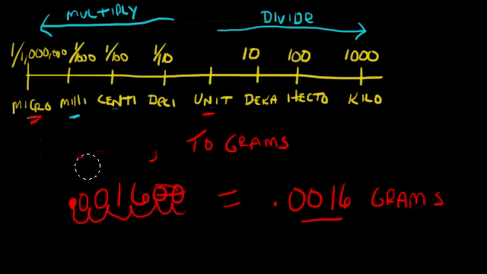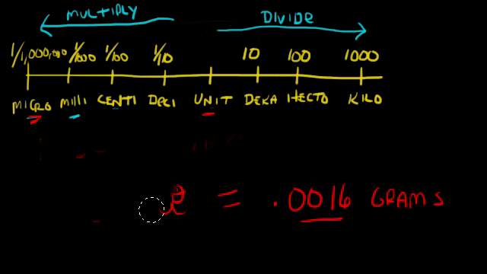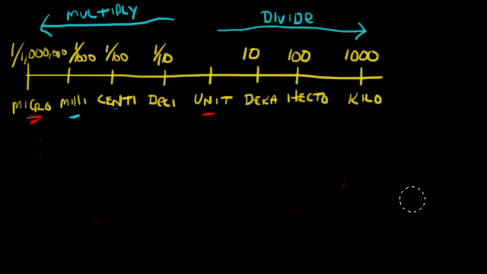Okay, let's look at a couple more. In this next problem, we're going to look at converting liters to milliliters. So we're going to convert 2.67 liters to milliliters.